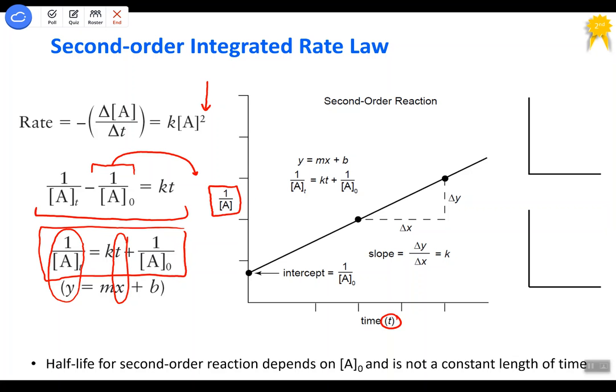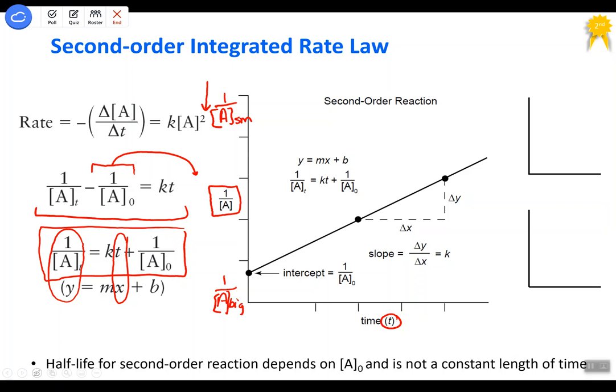Well, A is still decreasing, but we should note that 1 over a small concentration gives me a bigger number by fraction rules. 1 over a big concentration gives me a small number. So it's still going from big to small. It just looks a little bit funny because it's in the denominator.